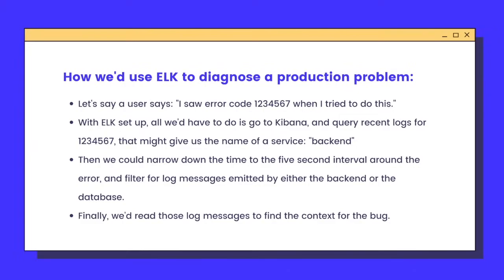And we'd see that the service that emitted that log was backend. And we'd see what time that log was emitted at. So we could go to the time in that log, and we could look at the messages above and below it in the backend. And then we could see a better picture of what happened for the user's request. And we'd be able to repeat this process going to other services until we found what actually caused the problem for the user.